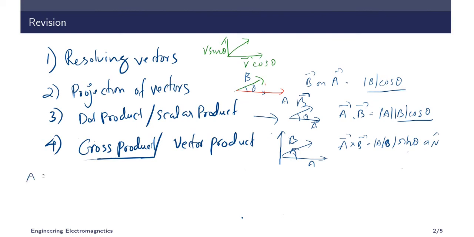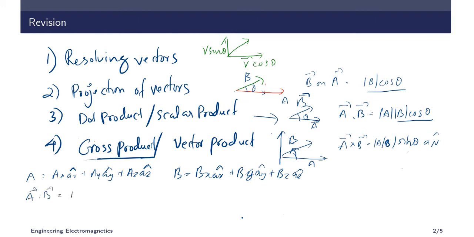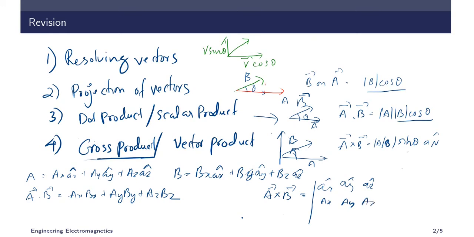If two vectors a equal to ax ax cap plus ay ay cap plus az az cap and b equal to bx ax cap plus by ay cap plus bz az cap are the two vectors, then a dot b is given by ax bx plus ay by plus az bz, whereas a cross b is given by the determinant of ax cap, ay cap, az cap; ax, ay, az; bx, by and bz.